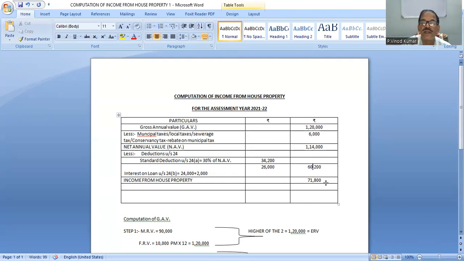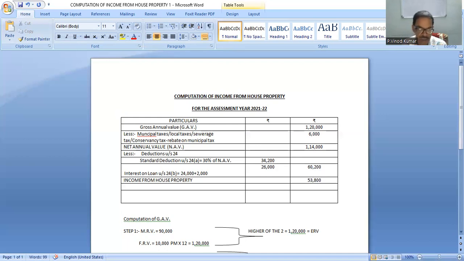And from 1,14,000, you deduct 60,200, you will get 53,800. This is the income from house property. So this is the way to calculate income from house property.